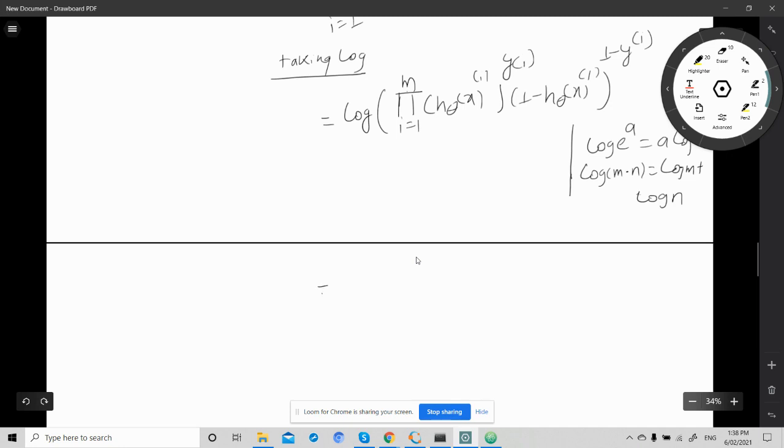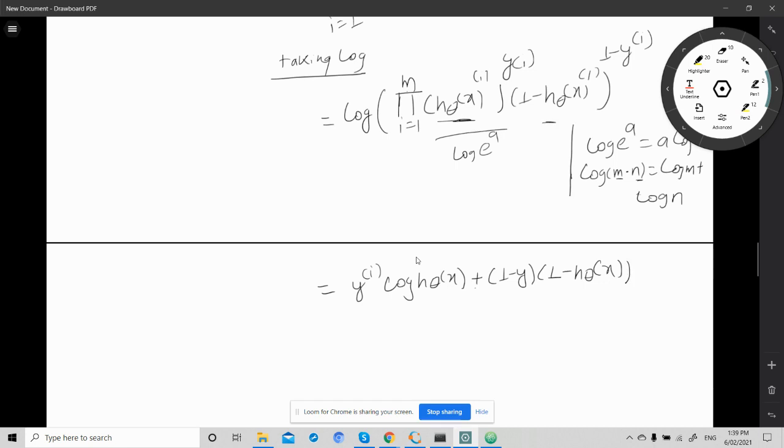So this will become, suppose this is e to the power a, y of i log of s theta of x plus 1 minus y i log of 1 minus s theta of x. This is plus because it's m times n. So this is my log likelihood function.